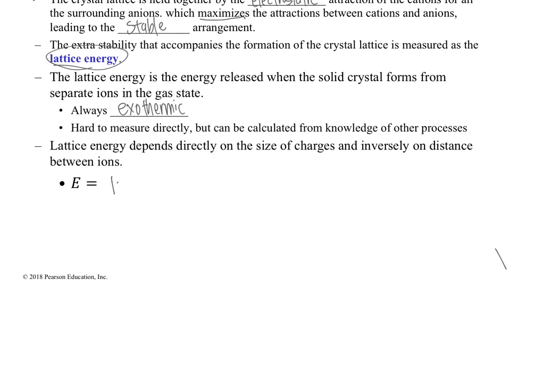So remember, electrostatic energy equals a constant times, and this is the important part, Q1 times Q2 divided by R. So if I have NaCl versus, let's do magnesium sulfide, these are both on a similar level.